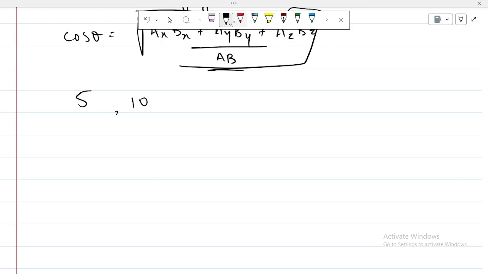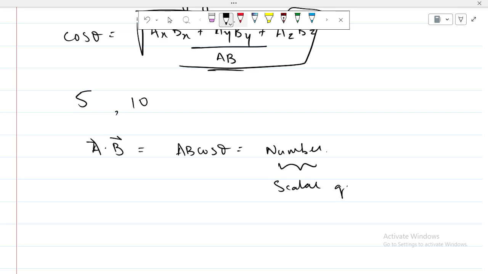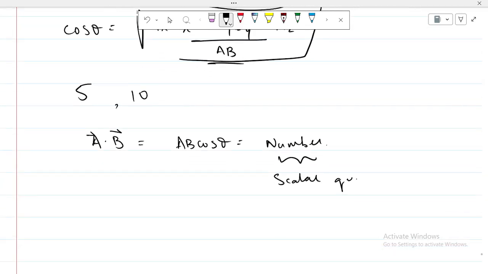We call this product a scalar quantity because we start off by taking a product between two vectors, but the result that we get, AB cos theta, is actually just a number. So we end up with a scalar quantity, in the sense that the number itself is a scalar. That's why we say the dot product is a scalar product as well.